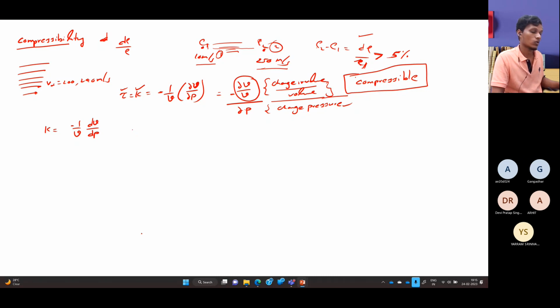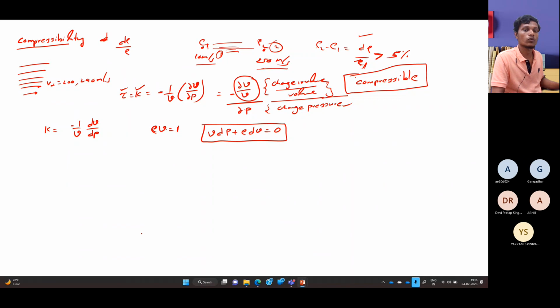It is better to write in some other formulation, instead of dv by dp. It is more convenient if you see that density times specific volume is 1. It's just the same definition, and v d rho plus rho dv is equal to 0.